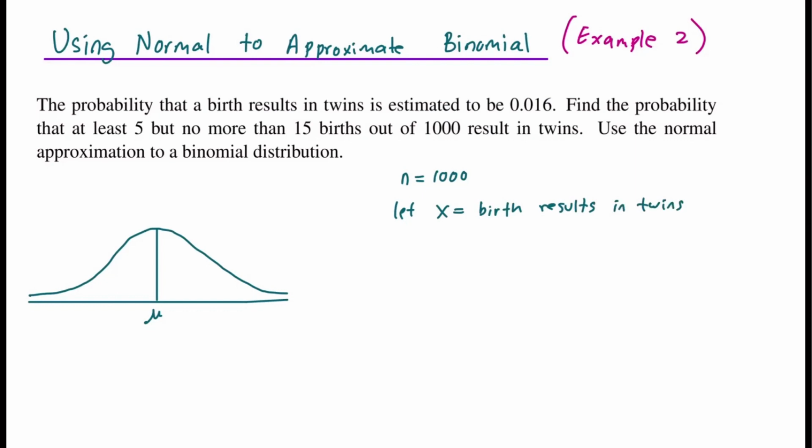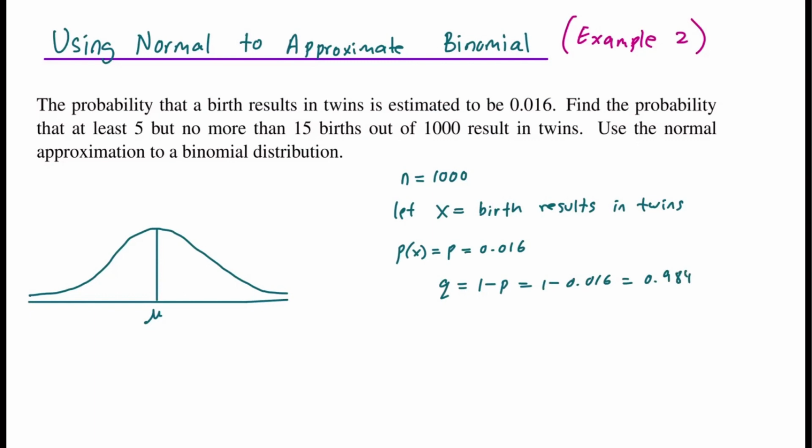Which means the probability of the success of this event, P of x, which we call little p, is going to be 0.016. Then q is the failure of this event, that's 1 minus p. So that's 1 minus 0.016. And then if you use your calculator, you'll see that this is about 0.984. Okay. All right. So we have n, we have p, we have q.